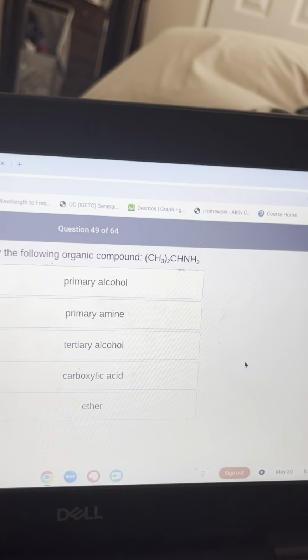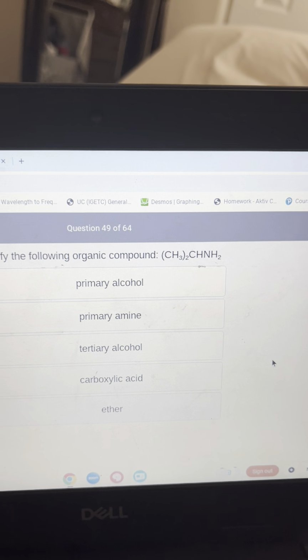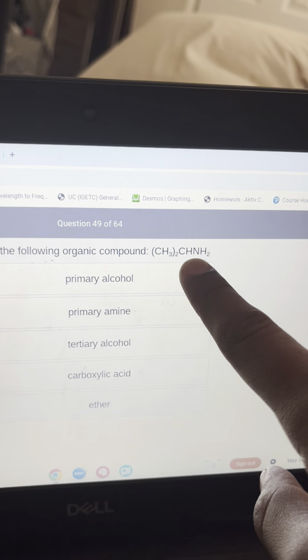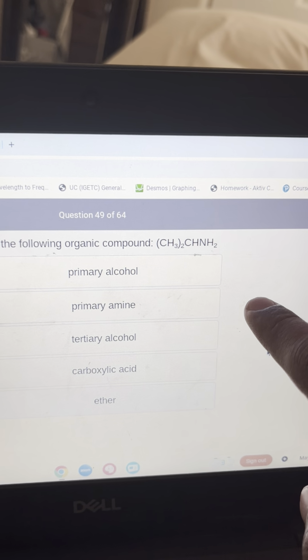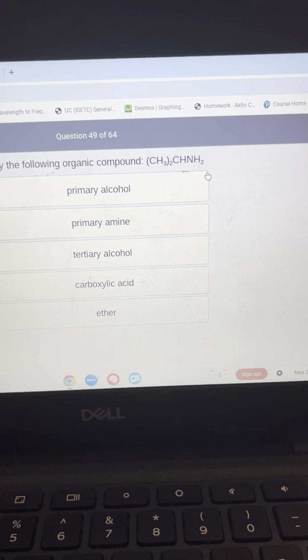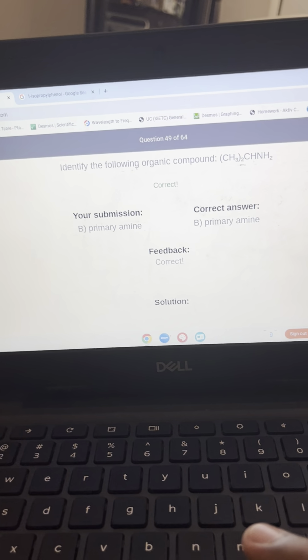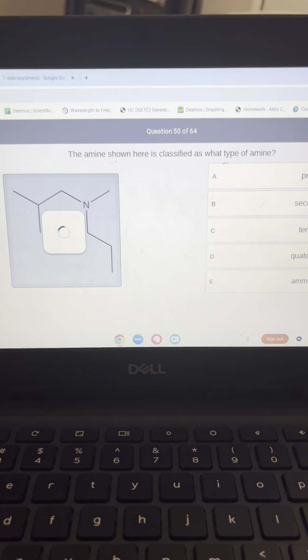But amines are just a nitrogen bonded to a hydrogen. So this is how you can tell that this is an amine, because you see the nitrogen and you see the hydrogen bonded to it. So just like that, primary amine.